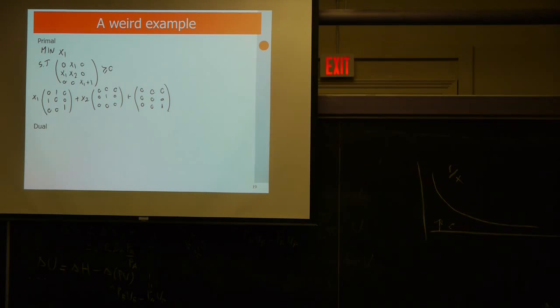But let's calculate its dual. So let the primal be defined as this: maximize x transpose B, where x is a vector, subject to C minus the sum from 1 to 2 of xi Ai being PSD.